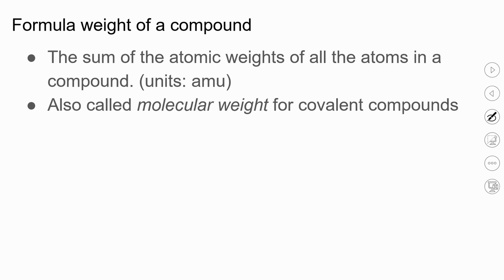So oxygen is like 15.9999 grams for 1 mole. If I have 15.99 grams of oxygen atoms, I would have 1 mole of oxygen atoms.